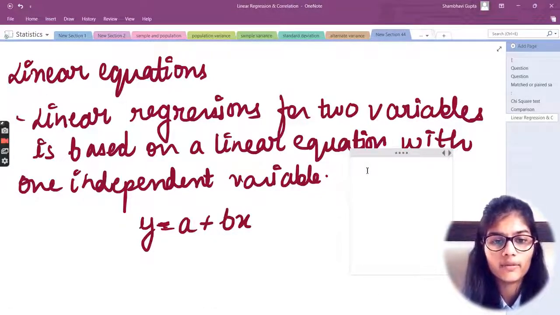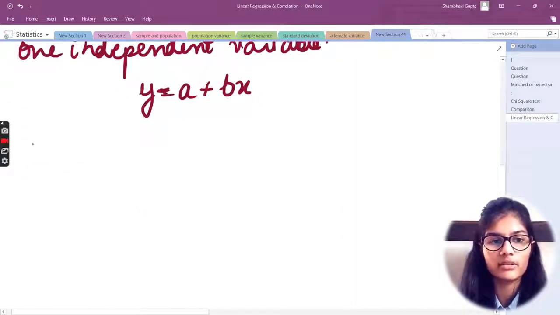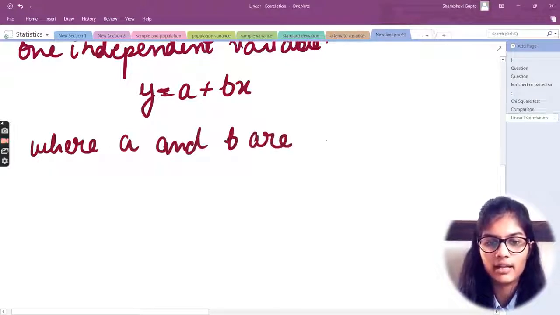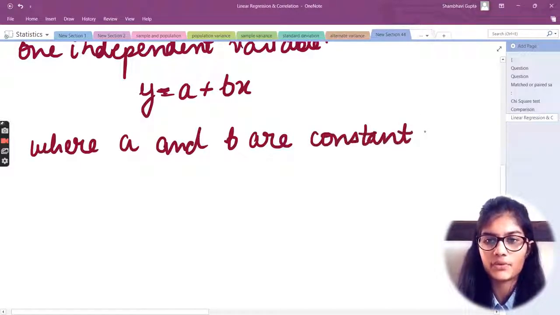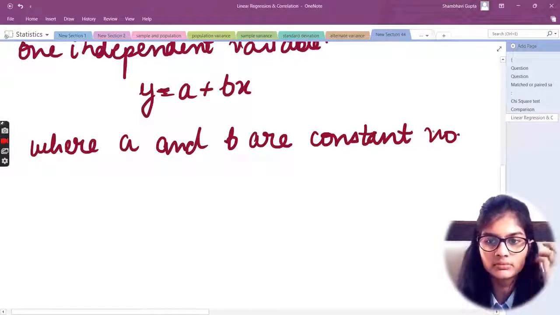What are the values of a and b which I am having here? I could simply write that a and b are constant numbers, the constant numbers which we are having.